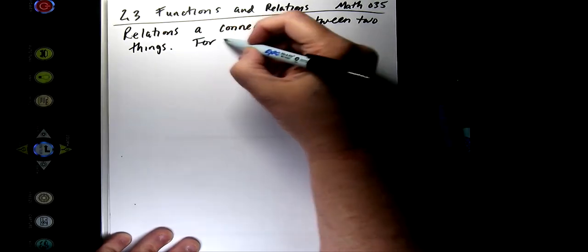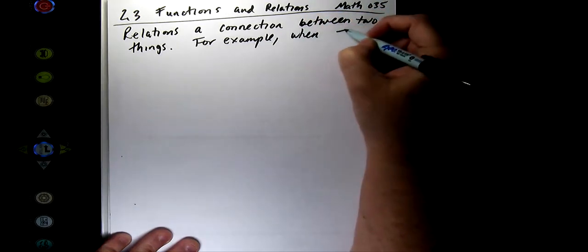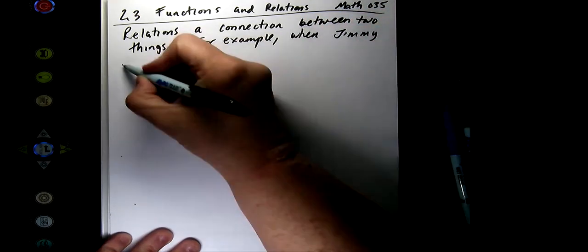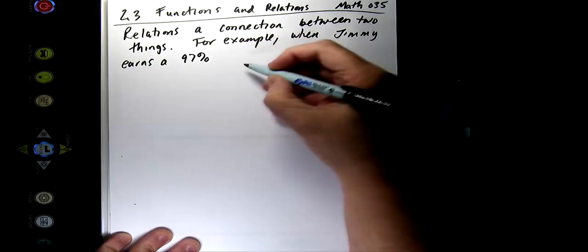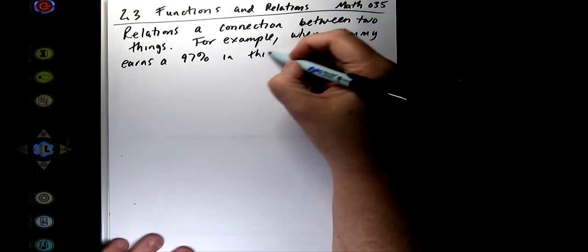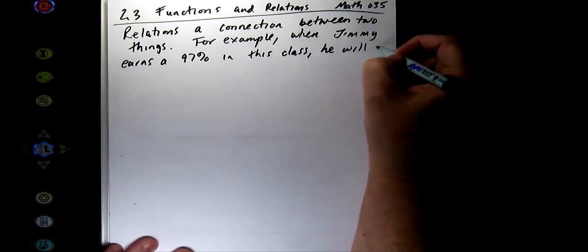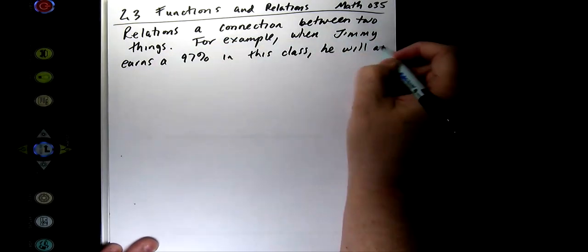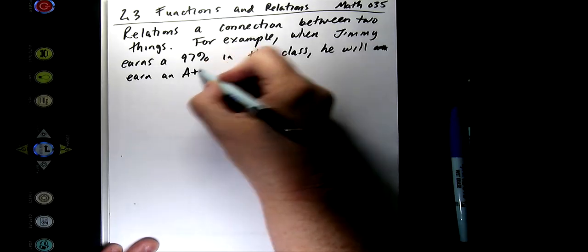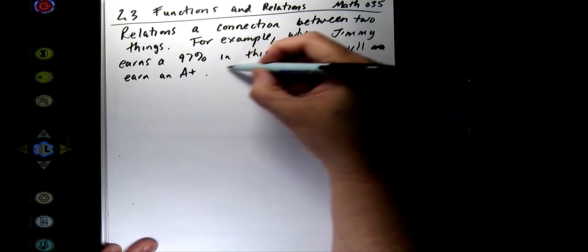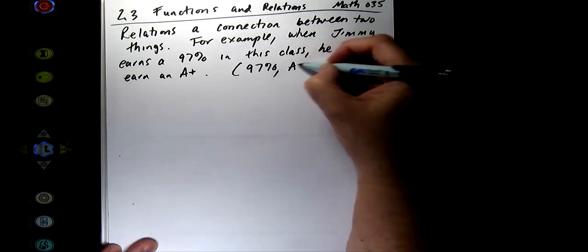For example, when Jimmy earns a 96%, now let's go 97% in this class, he will earn an A plus. There is a relation between the 97% and the A plus.